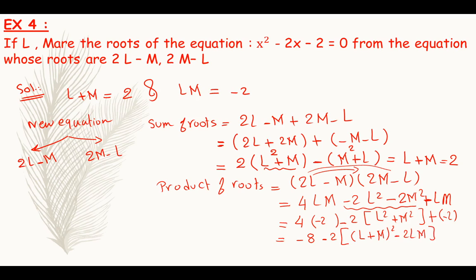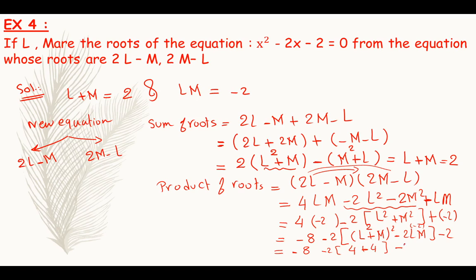Over here, this will also be minus 2. Okay, here you know that L plus M equals 2 and LM equals negative 2. Concentrate: negative 8, negative 2, 2 squared equals 4. Negative 2 multiplied by negative 2 will also equal 4.